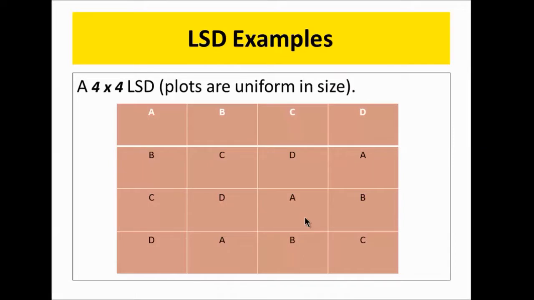This is an illustration of a 4x4 LSD or Latin square design, where plots are assumed to be uniform in size and the treatments are distributed by rows and columns without overlapping any treatment. This is a very standard format for 4x4.